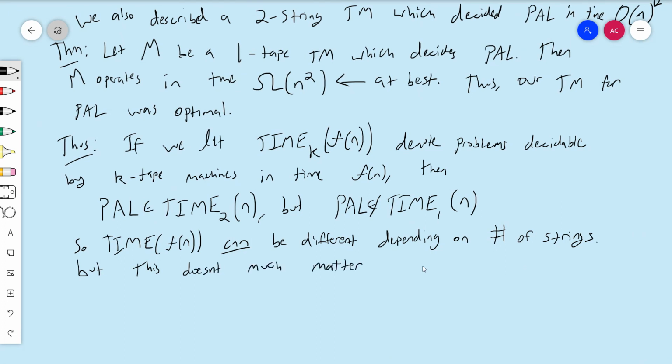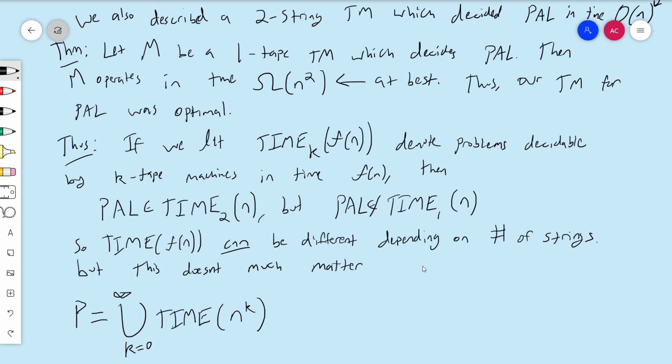Why? Because the main class that we're going to be concerned with is going to be P. And recall P is the union from k equals 0 to infinity of time n to the k. This is the main efficiency class that we're going to be concerned with. It's what we regard as the class of problems that are efficiently computable, that can be done efficiently.